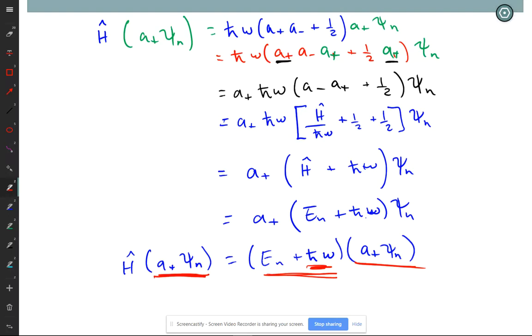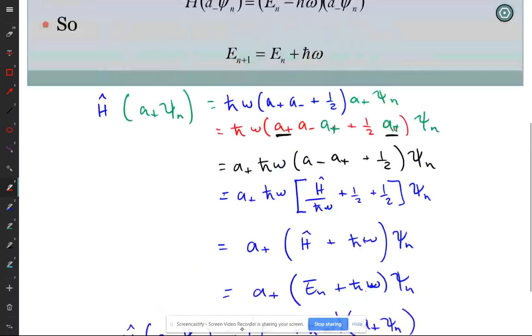So this a plus, now we can see why it's called a raising operator. If a plus acts on a wave function psi sub n, it will give you a new wave function of the operator. So it's a new energy state with a raised energy. Hence, it's a higher energy state, a raising operator.